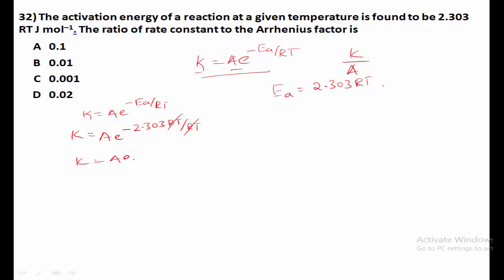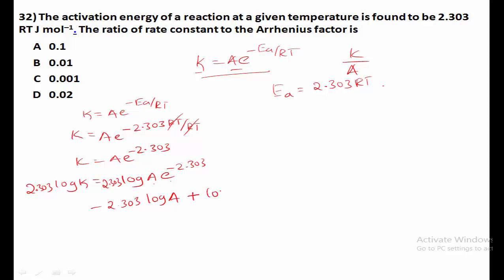So K is equal to A into e raised to minus 2.303. Take log on both sides. Then log K is equal to log of A into e raised to minus 2.303. Since we have taken log, we multiply with 2.303 on both sides. Log of m into n means log m plus log n, that is log A plus log e raised to minus 2.303.